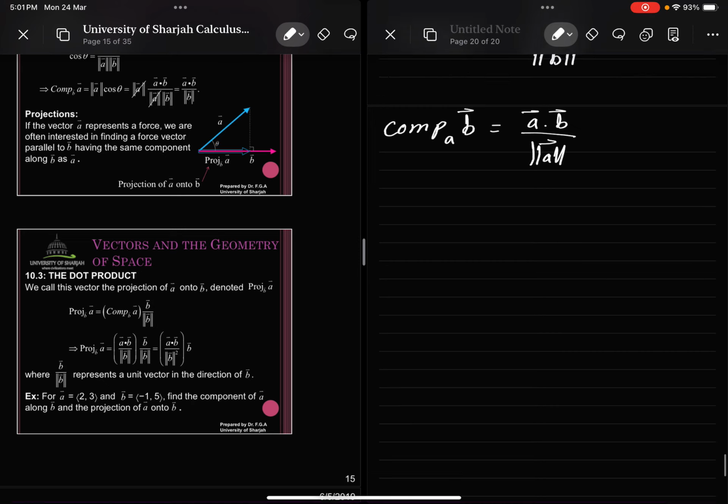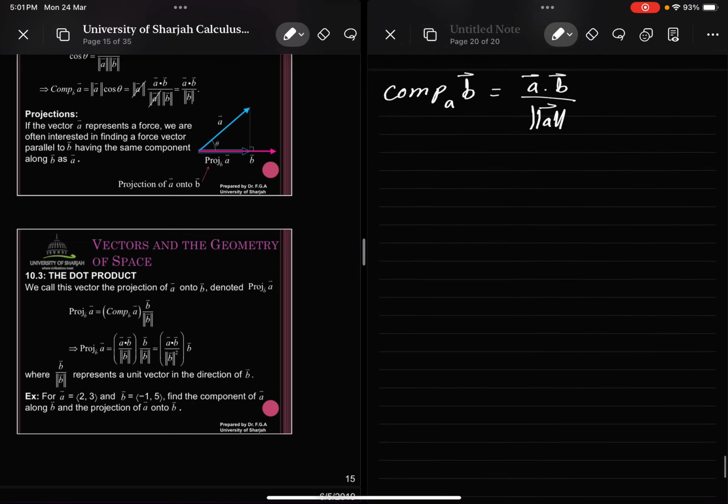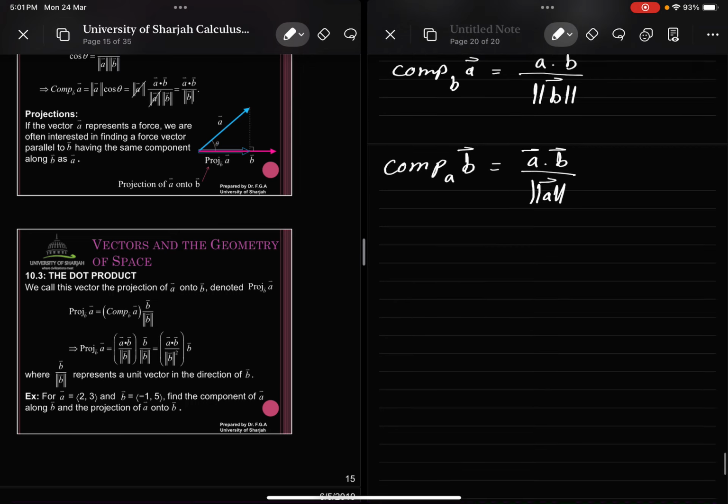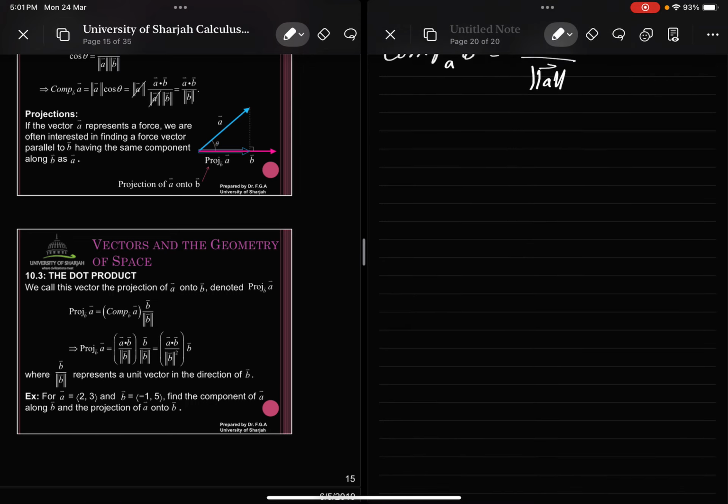Projection. So here we have comp, which refers to component: component of B along vector A and component of A along vector B. Now we move to projections.